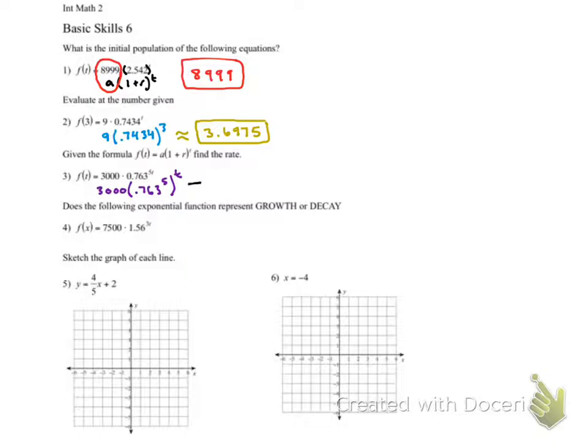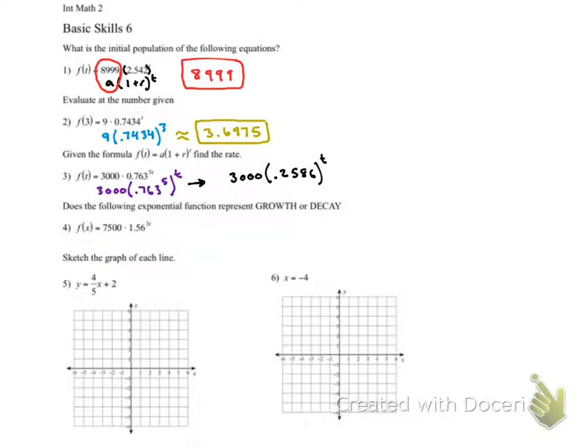So now simplifying this out, 0.763 to the 5th power is 0.2586. So this is now 3,000 times 0.2586 to the t power.